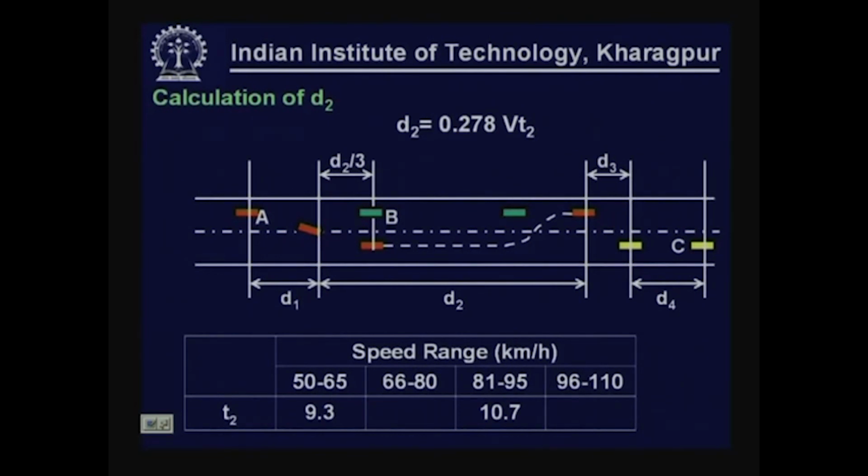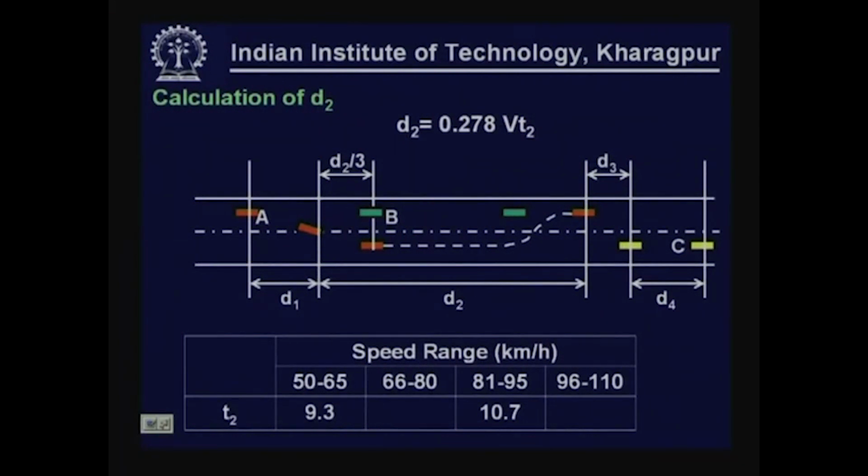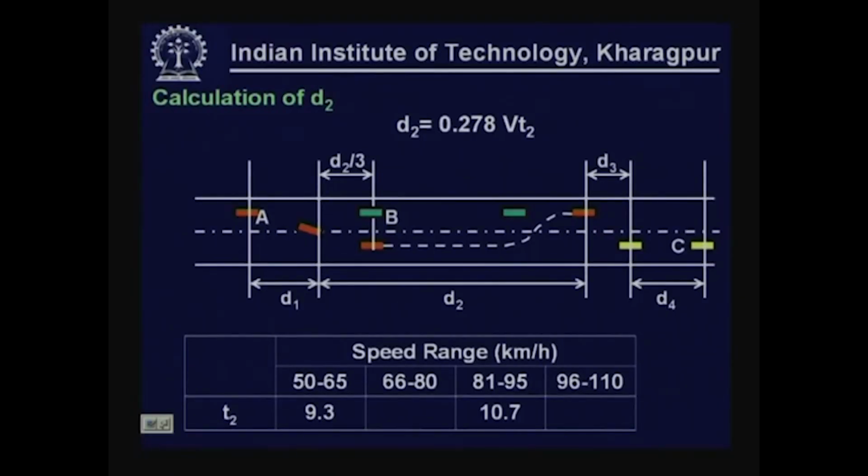So, the average speed of the overtaking vehicle multiplied by this time T2 for the overtaking maneuver gives us the value for distance D2. Now, since V is expressed in kilometer per hour, the 0.278 multiplier is used. Therefore, D2 is 0.278 multiplied by V into T2, and T2 values are obtained from experimental observations and are available in the design code.